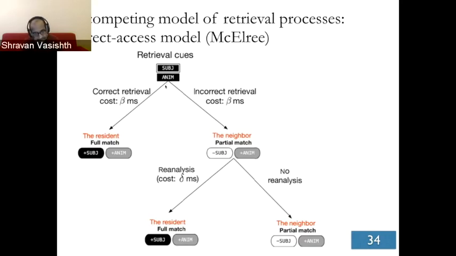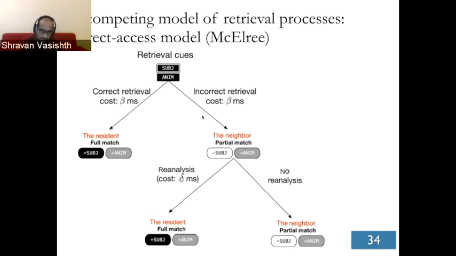The other possibility is that you fail to retrieve the correct subject, that is, the resident. You make an incorrect retrieval of the distractor noun, and that also costs the same amount of time as the correct retrieval. So this is an interesting feature of McElree's model, that whether you retrieve the correct thing or the wrong thing, the amount of time it takes to complete that retrieval is going to be the same. It's constant time. Okay? This is different from the Lewis-Vasishth model predictions. Okay?